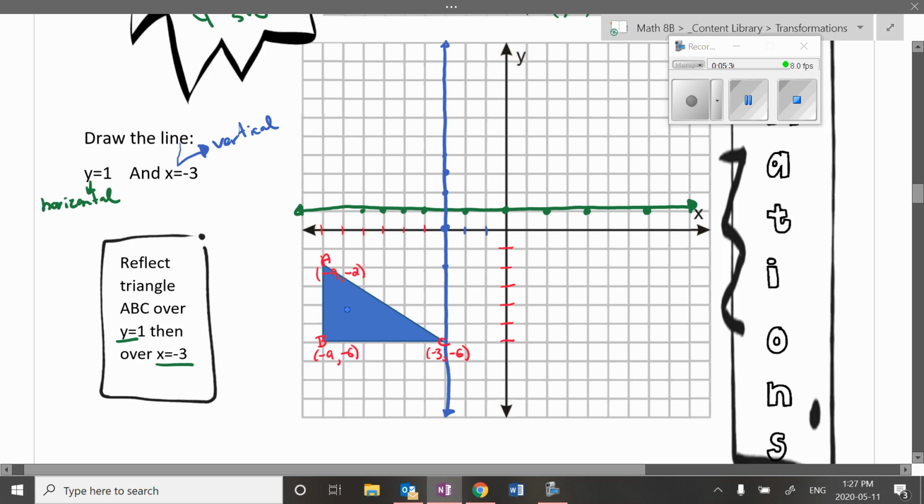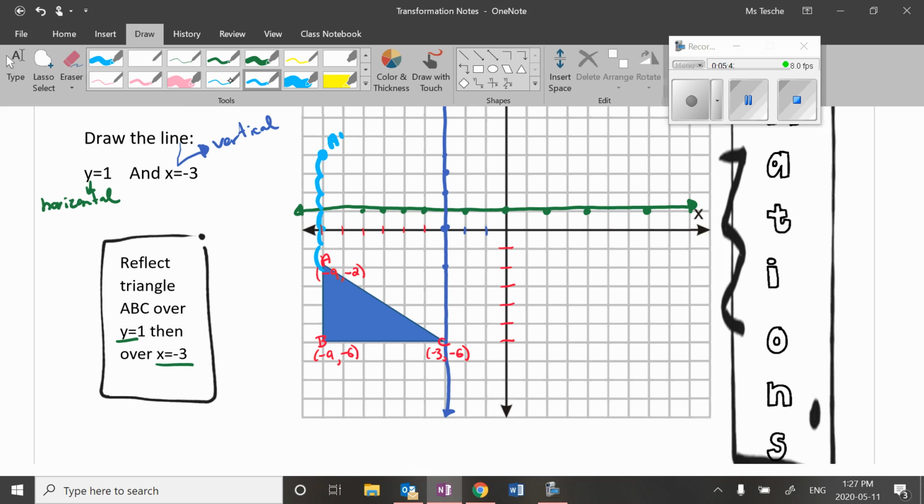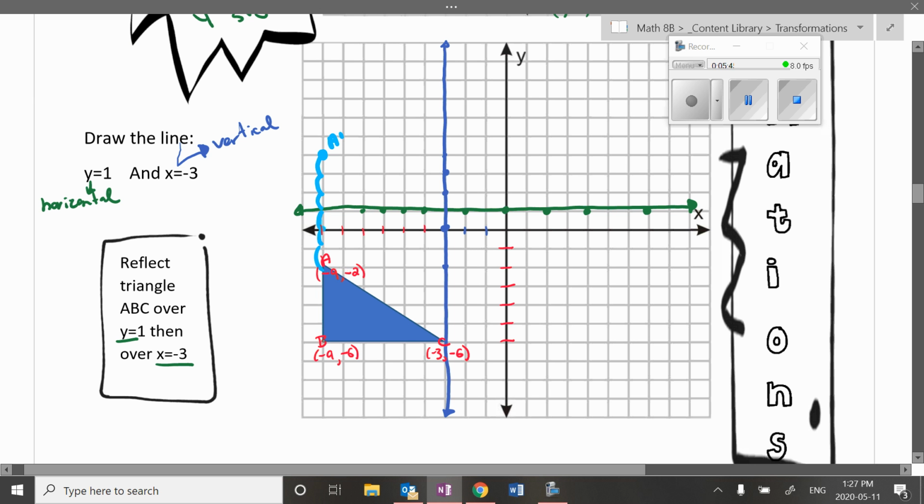Just like before, we're going to count how many points away. So A is currently 3 points away, so it's going to go 3 points up for our A prime. B is currently 6 down, but it was to y equals 1, so it's going to be 7. This is a distance of 7. So that means we have to be 7 away on the other side. B prime. Let's actually record these. So A prime is at -9 and positive 4.